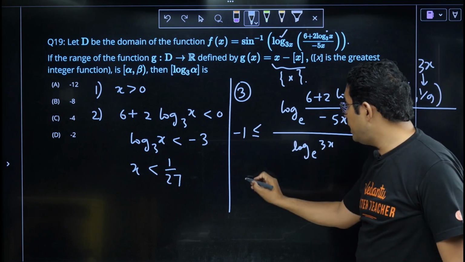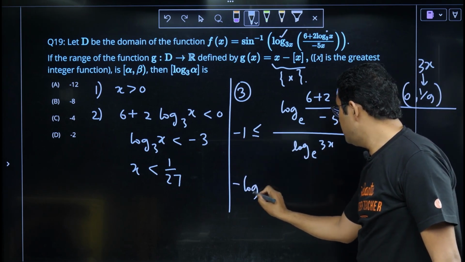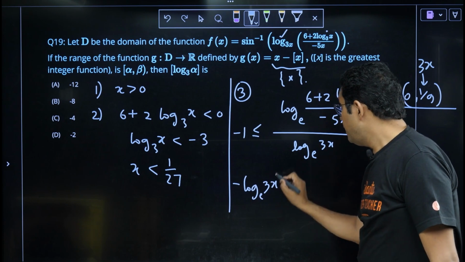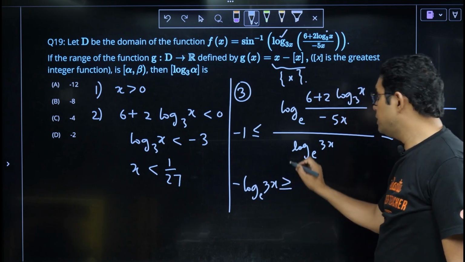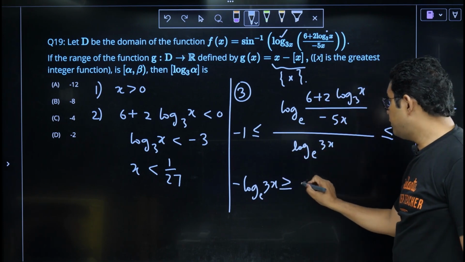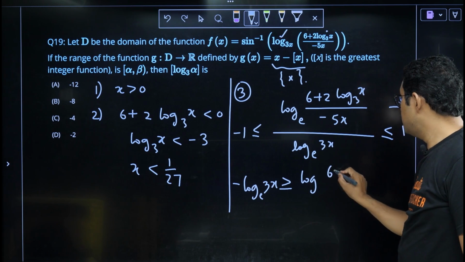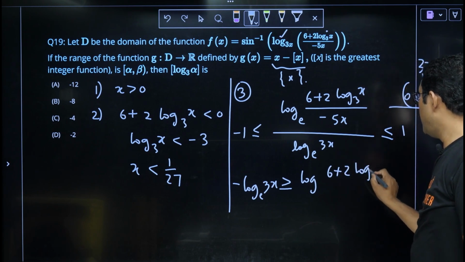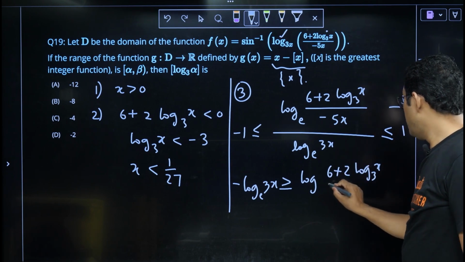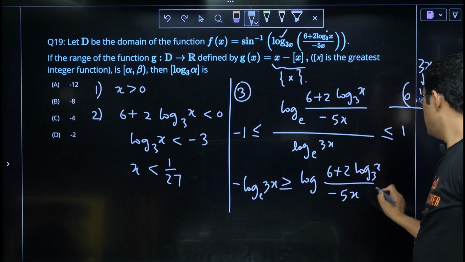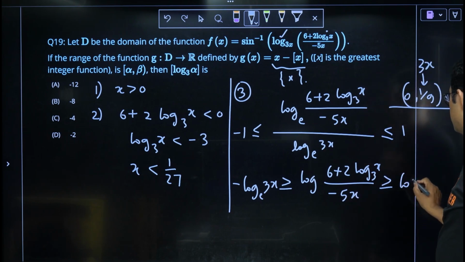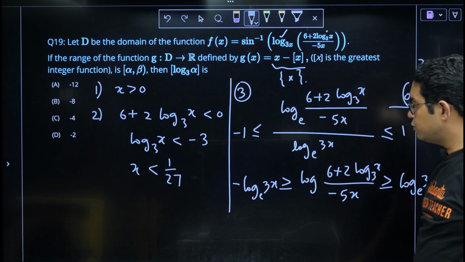I can bring it here, so it will be minus of log 3x base e, but this sign will change like this. And here it will be log of (6 plus 2 log x base 3 upon minus 5x), and here the sign will again change, and it is log of 3x base e. Okay, so this is what we are getting.